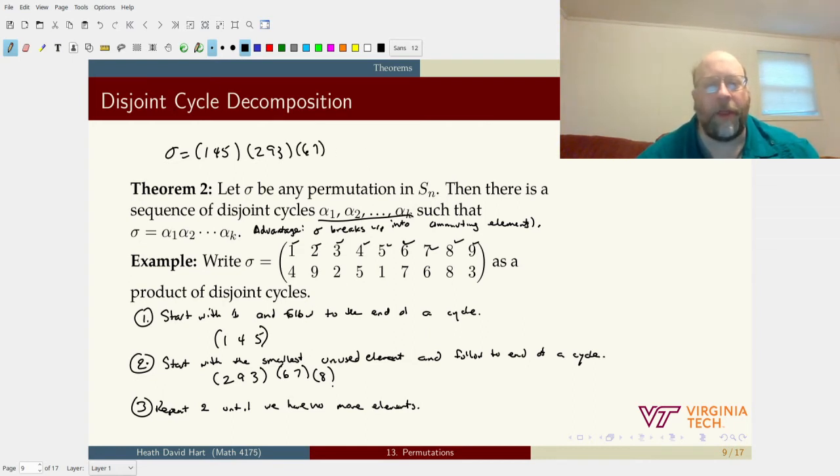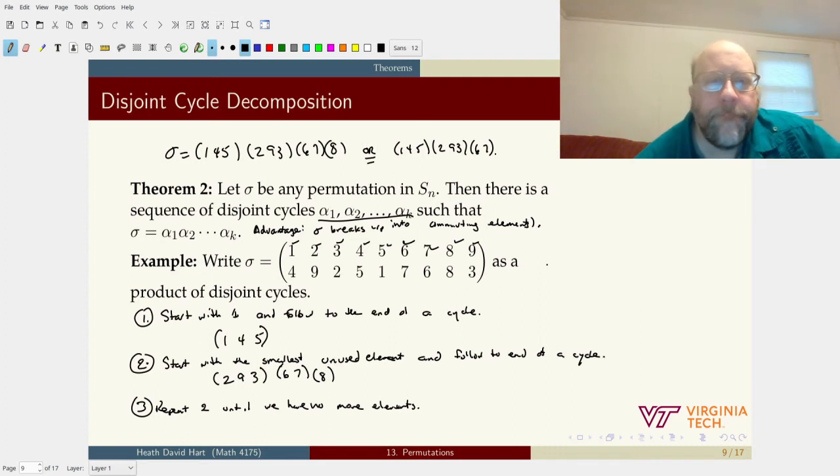Any one element cycle is optional. So you could write it either way, (1 4 5)(2 9 3)(6 7). Okay? And that is sigma written as a combination of disjoint cycles.